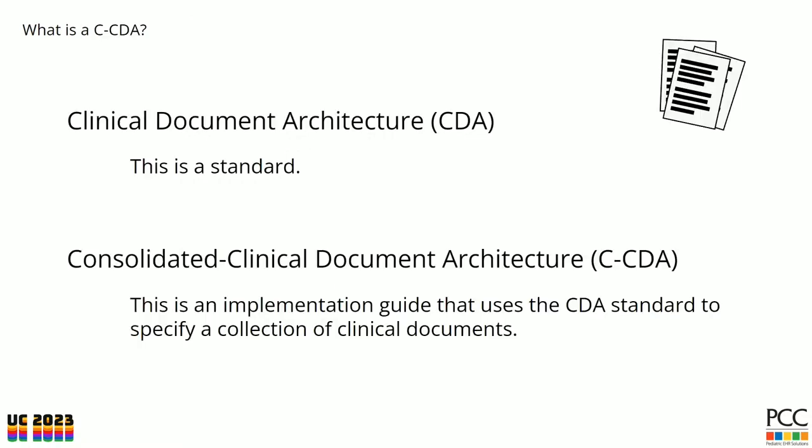So as we get started, as I mentioned, we'll focus on CCDA documents first, which are the cornerstone of exchange. These clinical documents are most often exchanged in healthcare today. The acronyms can be a little confusing. CDA, or Clinical Document Architecture, is a standard. CCDA, Consolidated Clinical Document Architecture, is an implementation guide that takes the standard and applies it to define a collection of documents.